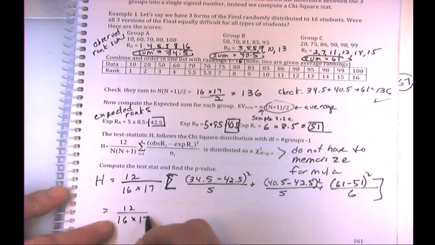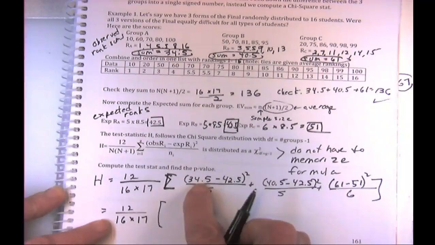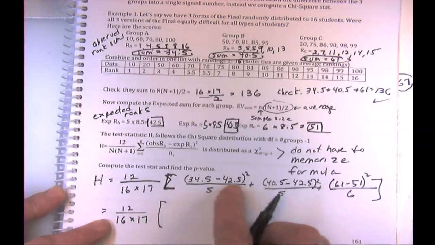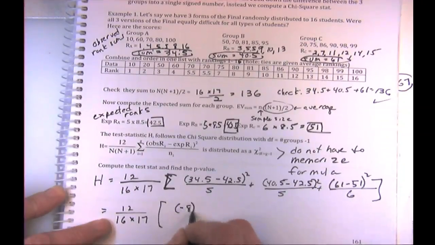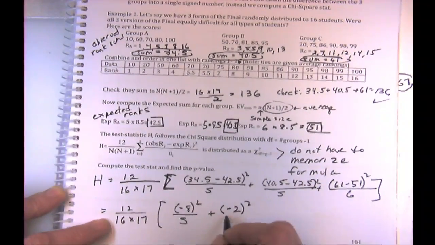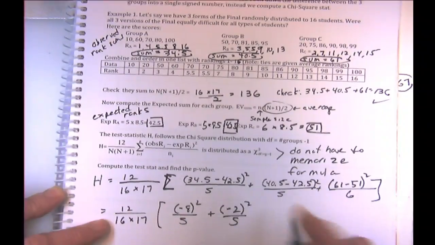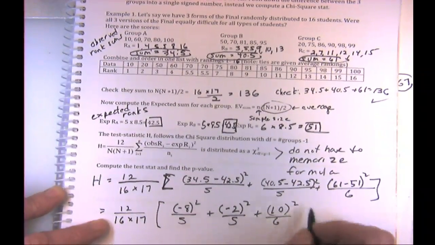All right, so we have 12 divided by 16 times 17 here. Let's simplify this. 34.5 minus 42.5 gives negative 8, squared over 5, plus negative 2 squared over 5, and here we have 10 squared over 6.